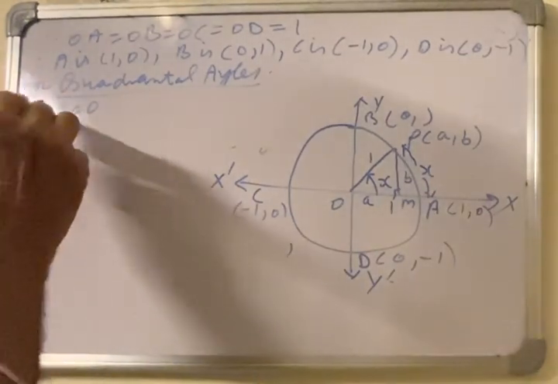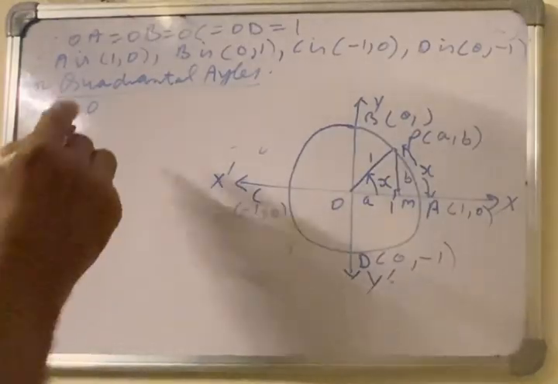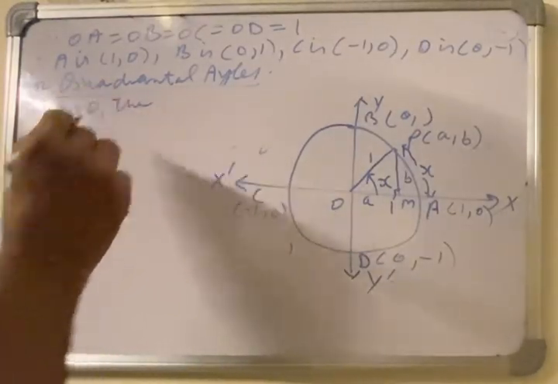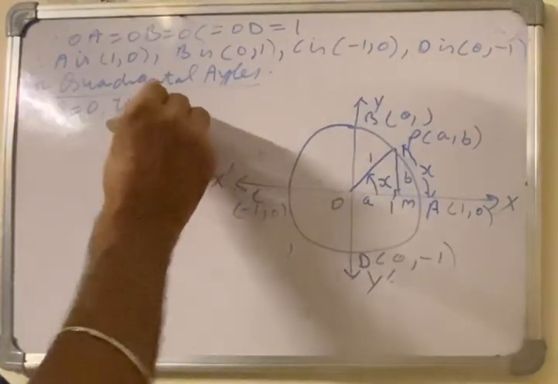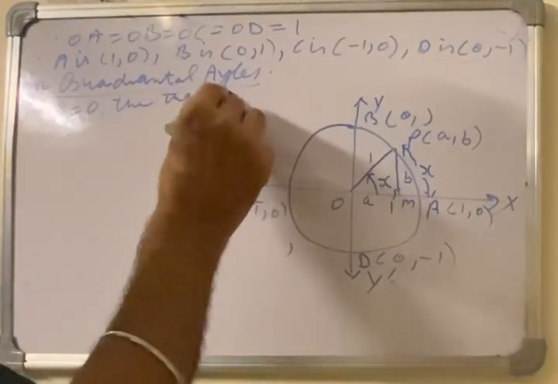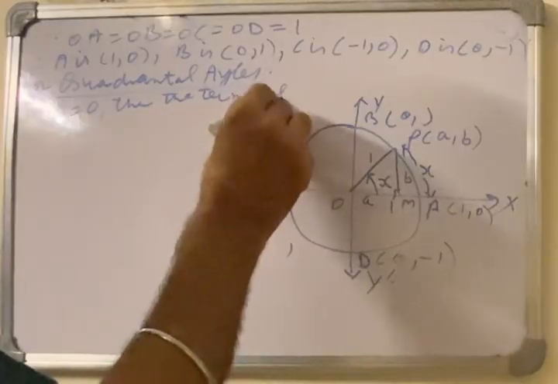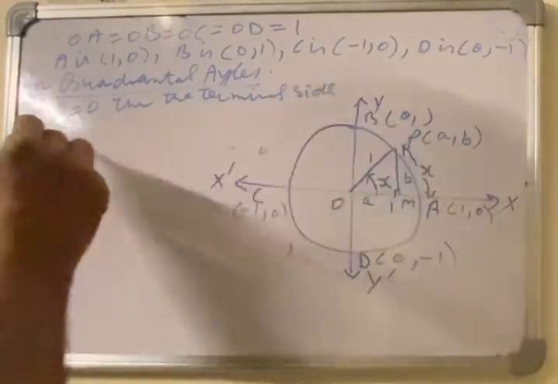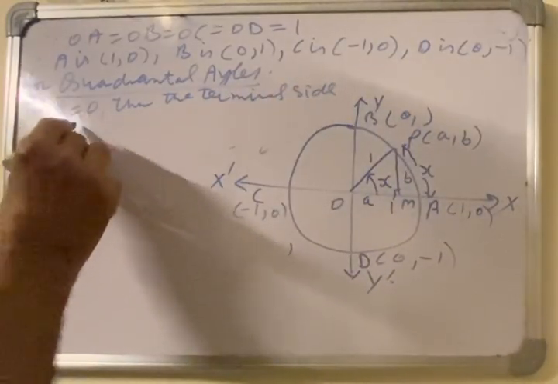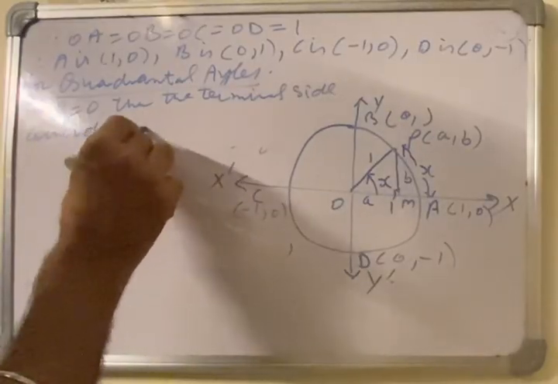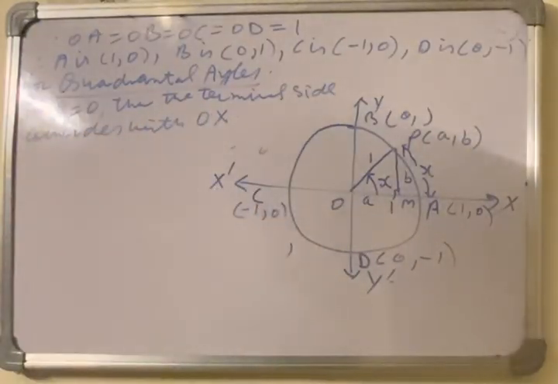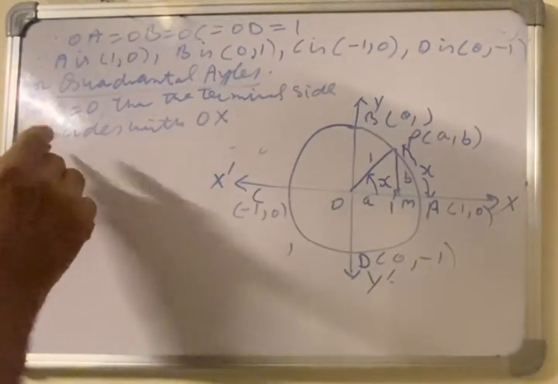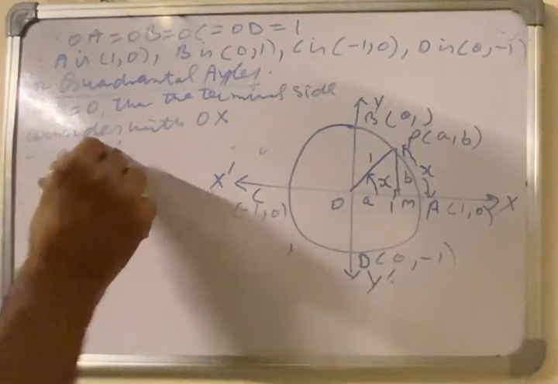When x is 0, then the terminal side coincides with OX, therefore a is 1, b is 0.